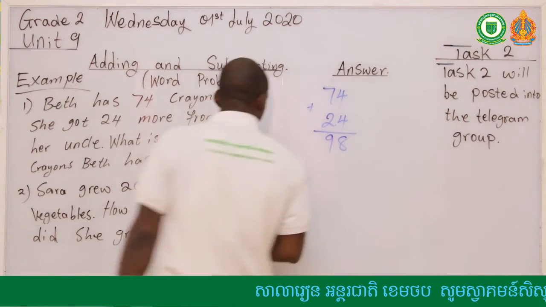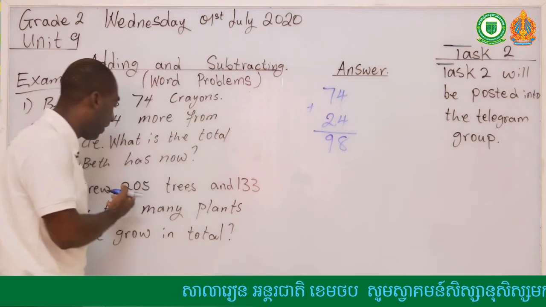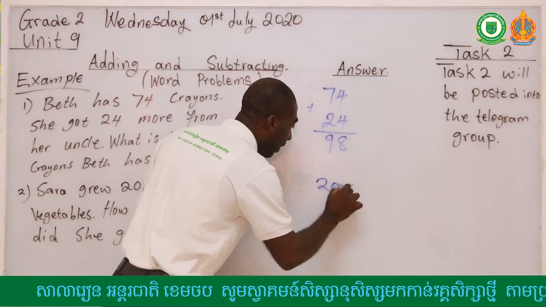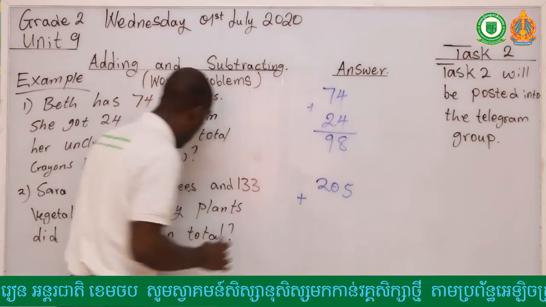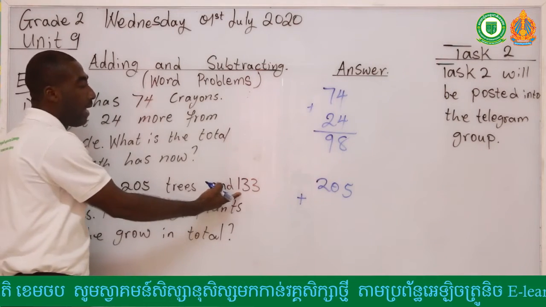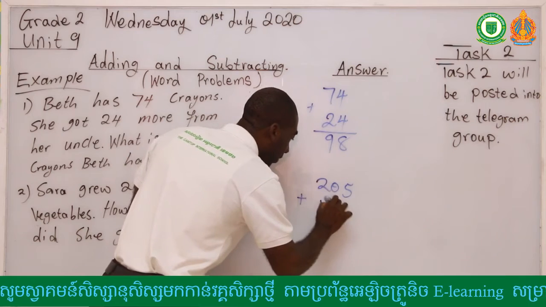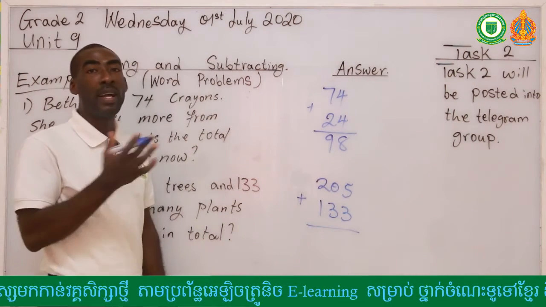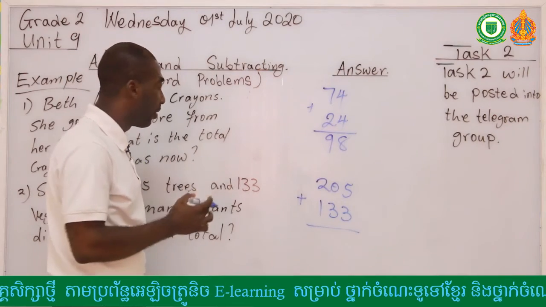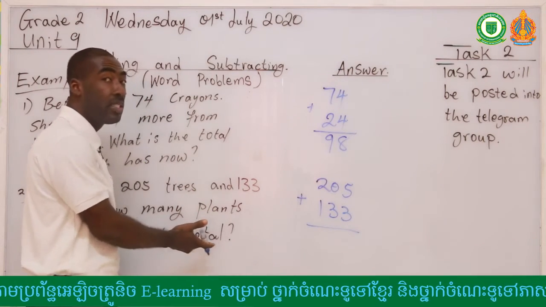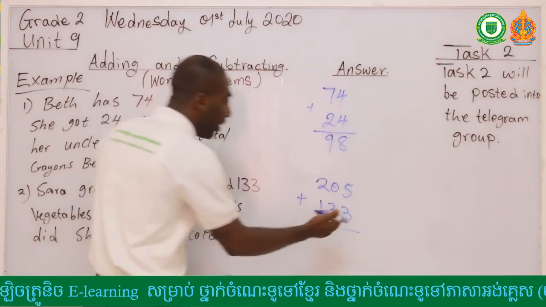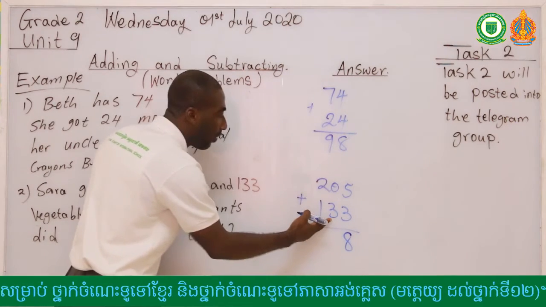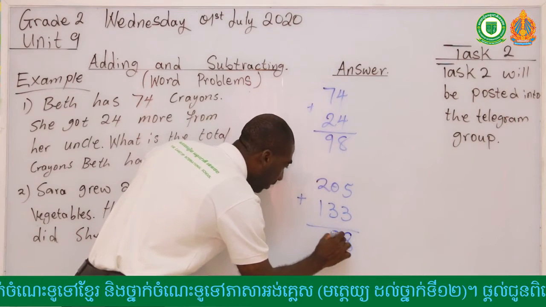So we have to do our addition. The first figure is 205, so we have 205 plus 133. So now we can do our addition and find the total plants. Total means we are doing addition. 3 plus 5 will give us 8. 3 plus 0 will give us 3.